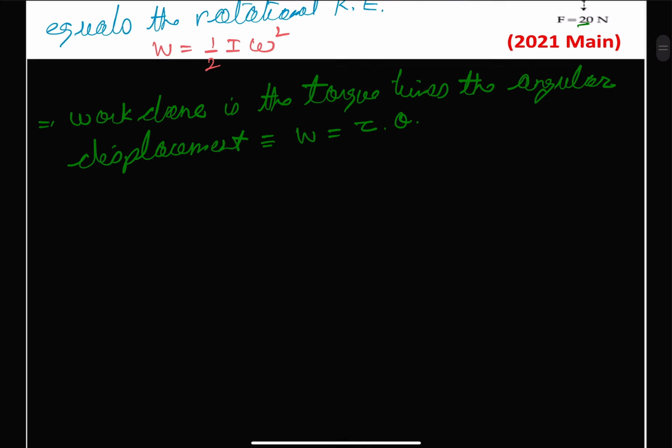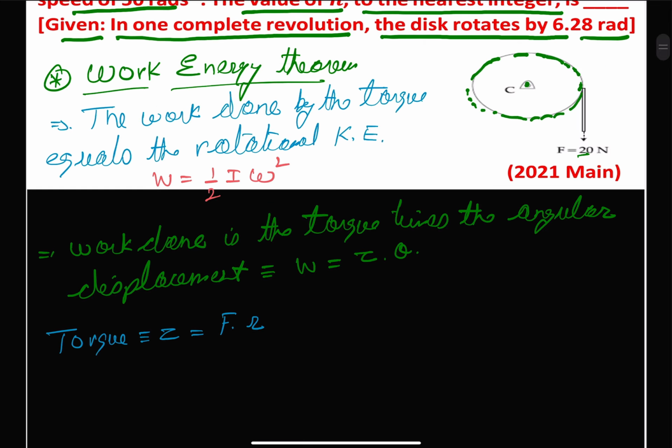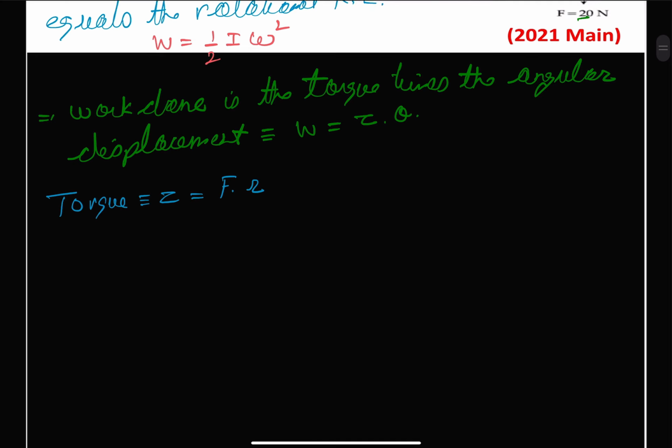Okay, and this torque we can easily find out. We can say our torque tau is equal to force multiplied by the perpendicular distance. Perpendicular distance will be here the radius. It is going to move in downward direction with the omega.